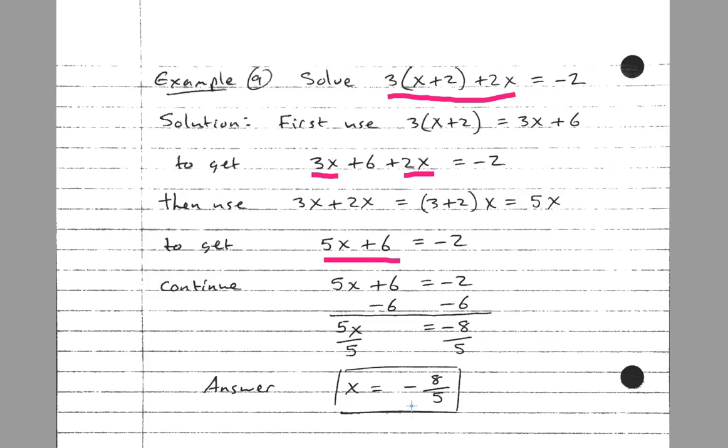The whole thing is negative 8/5. All right, so that's the answer to that one. This is the hardest type of linear equation we look at. All right, that'll do it.